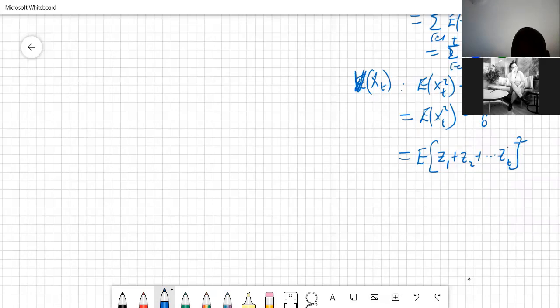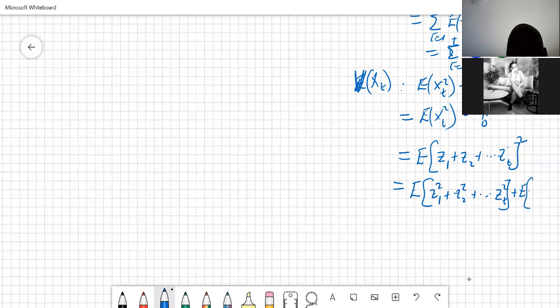And we saw that this is the same as the summation of Z1 squared plus Z2 squared plus up to ZT squared, plus the expected value of the cross terms 2Z1Z2 up to 2Z_{T-1}ZT, and all these are zeros because they are independent.